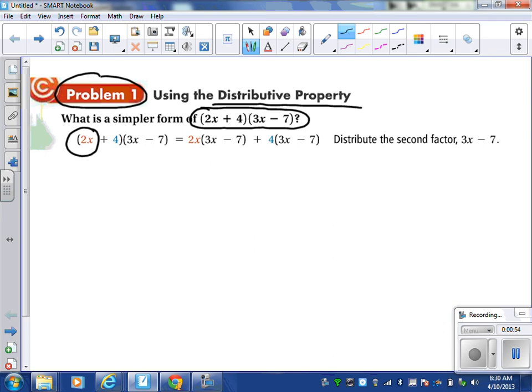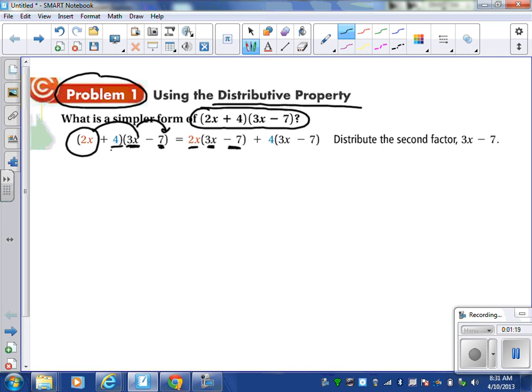We take the 2x from this problem, place it on the outside, and you're going to multiply 2x with the 3x and with the minus 7. So the 3x moves over there along with the minus 7.